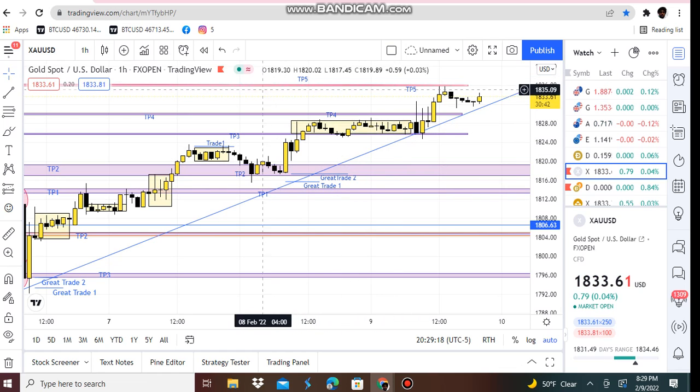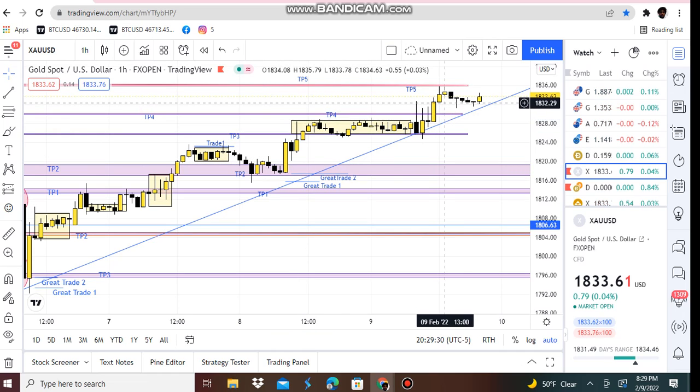It took about a whole 2 days for price to head back up from February 8th to February 9th. So sometimes just finding the right trading setup takes time.